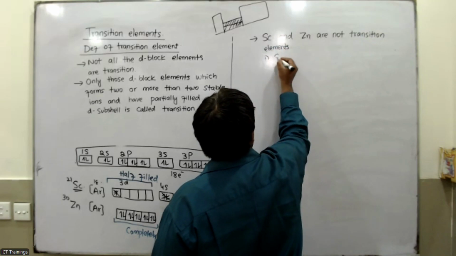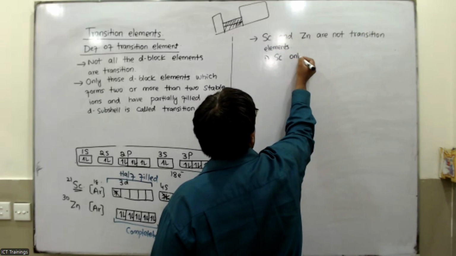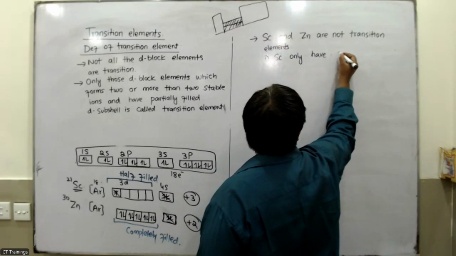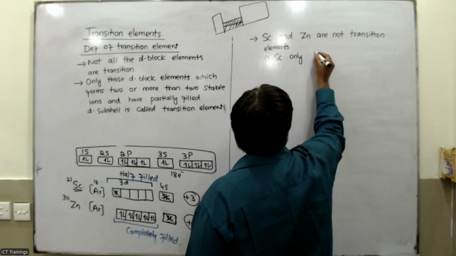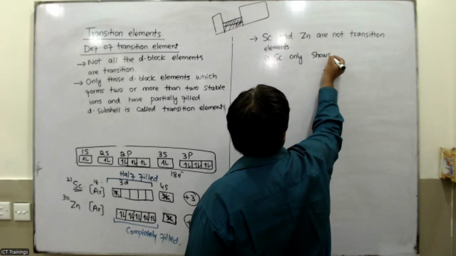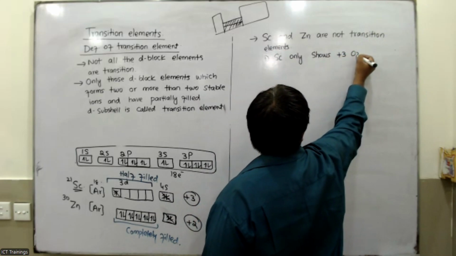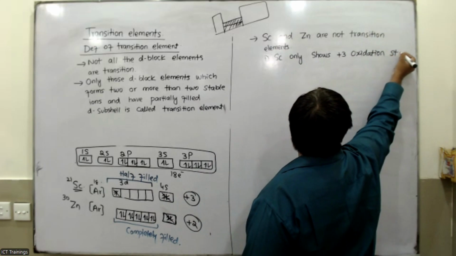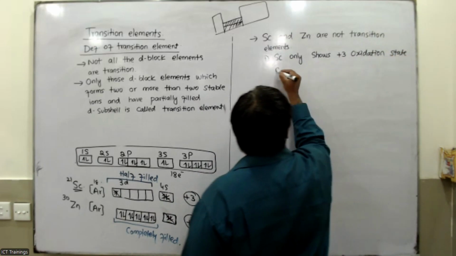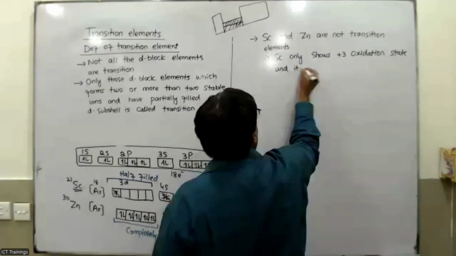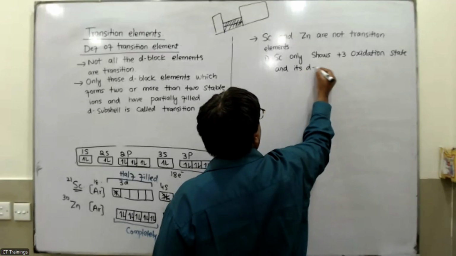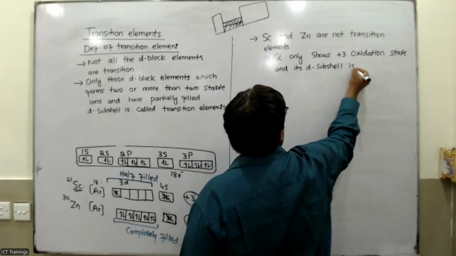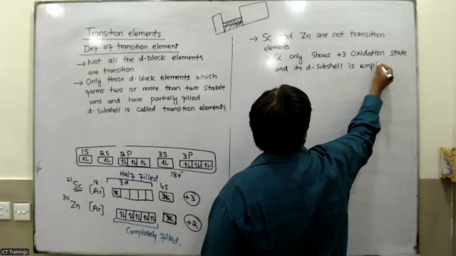Okay, the first one, scandium only shows the +3 oxidation state and its d subshell is empty.